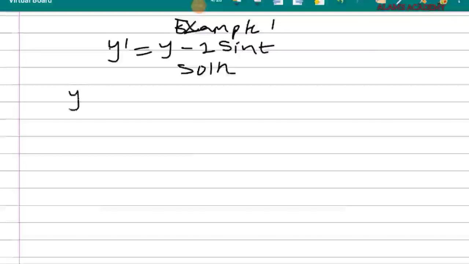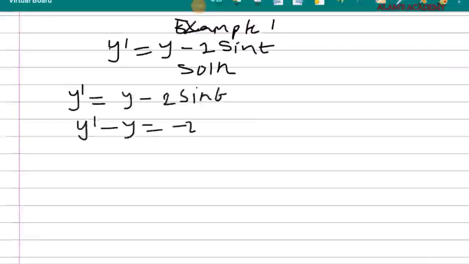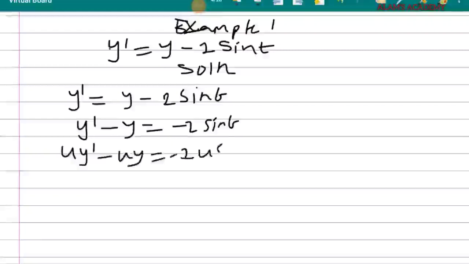So we have y prime equal to y minus 2 sine t. Group like terms. This is equal to minus 2 sine of t. Multiply through by u. So we have u y prime minus u y is equal to negative 2u sine t.